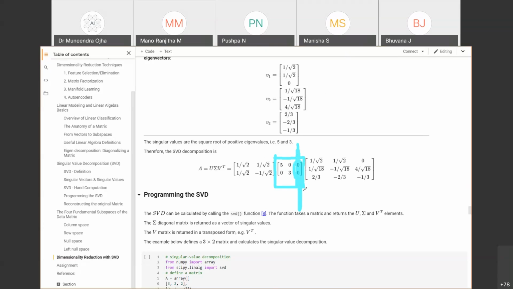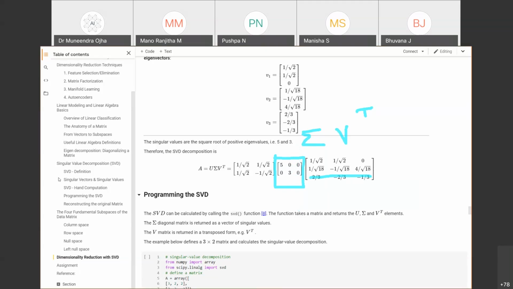If I remove this third column, the matrix multiplication of sigma with V transpose will not be possible because it will be a 2 by 2 matrix and the other is a 3 by 3 matrix. Okay. So what happens? I will remove the third row also from V transpose. I'll remove the third row, right? So if I remove the third row, what happens now?